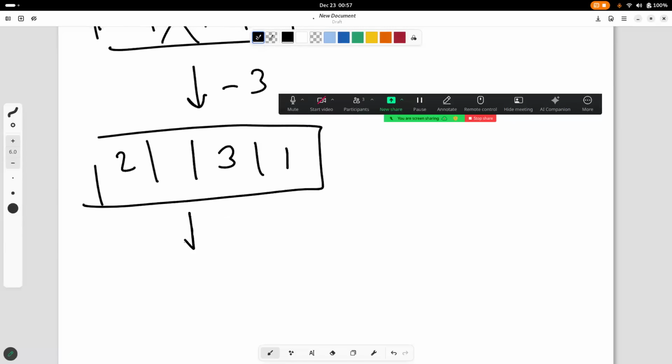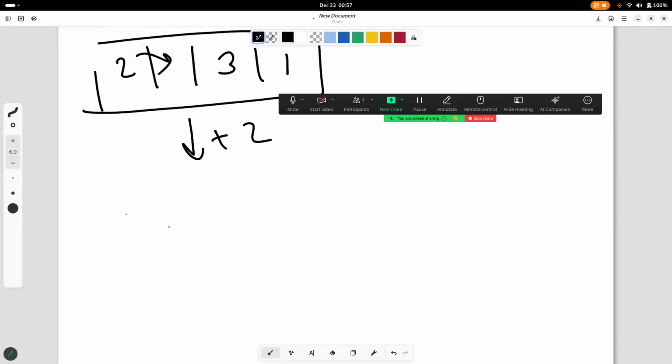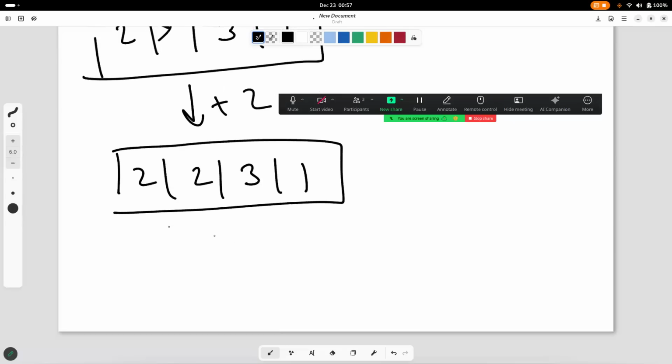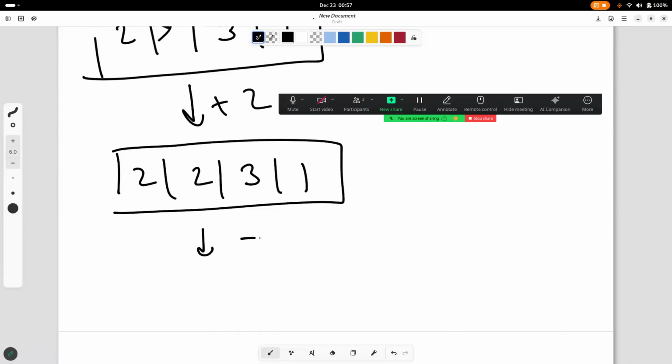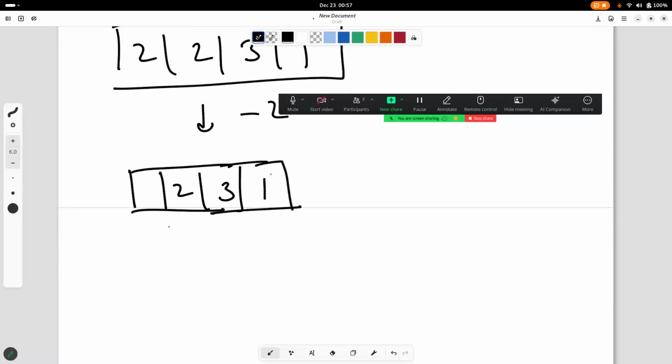In the next operation, 2 enlarges, so that would look something like 2, 2, 3, 1. And in the final operation, 2 would shrink, so we would be left with 2, 3, and 1.